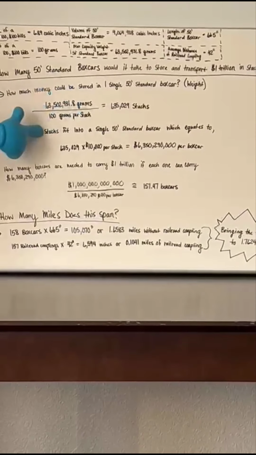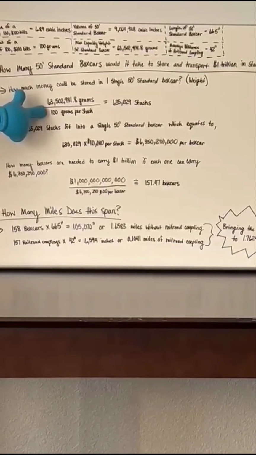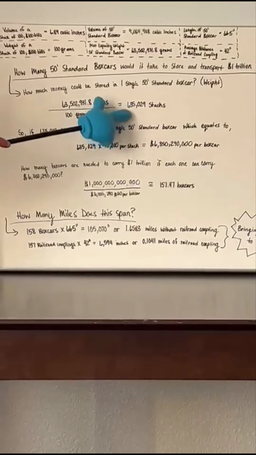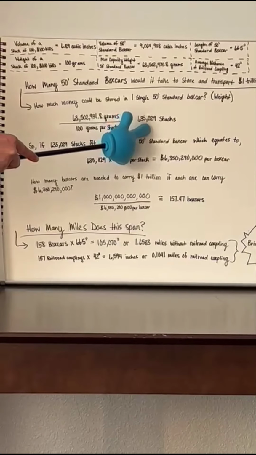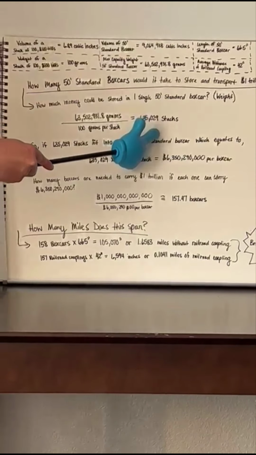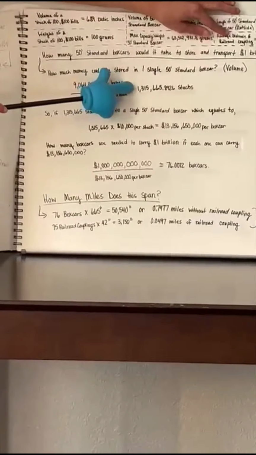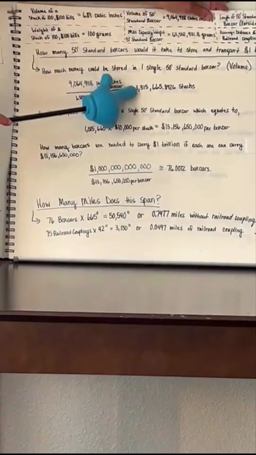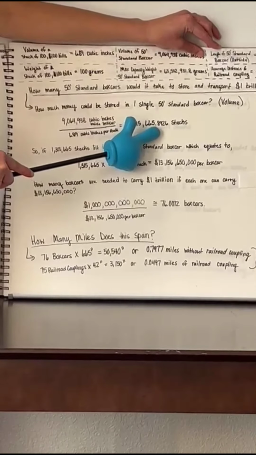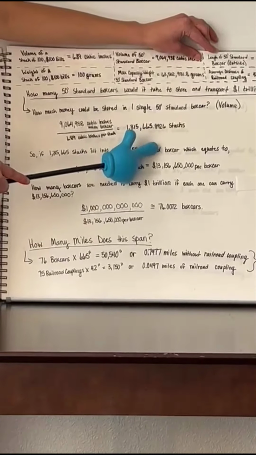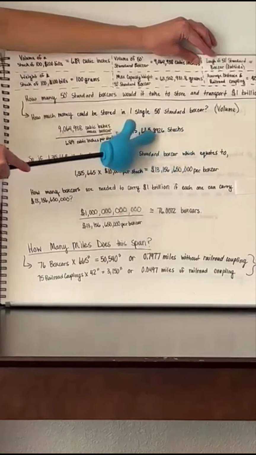And we're going to divide that by the total weight per stack, which is 100 grams, giving us a total of 635,029 stacks, where before we had a total of 1,315,665 stacks. So that means that we should use the weight stacks rather than the volume stacks.